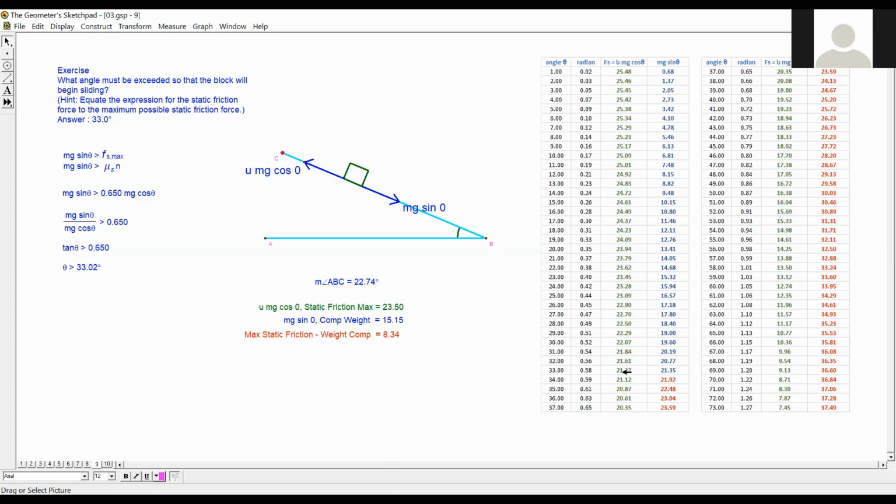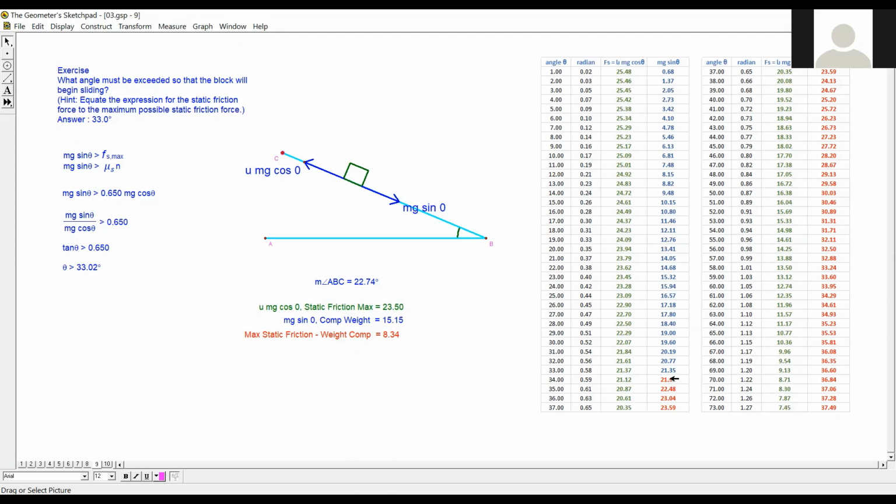So 33 degrees, the frictional force is 21.37 and the component of the weight is 21.35. So actually at 33 degrees, it will not slide down the inclined plane. When it comes to 34 degrees, the calculated frictional force is 21.12, but the component of the weight is 21.92.